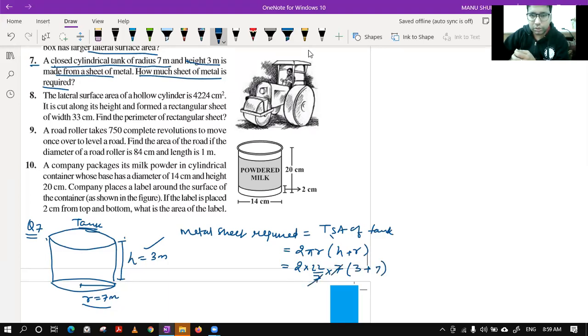So these two 7 will cut, you will get 44 into 10, that is 440. What should be the unit? Because everything is in meters and you have multiplied two things now, so it becomes 440 meter square. This much area you will cut from that metallic sheet.